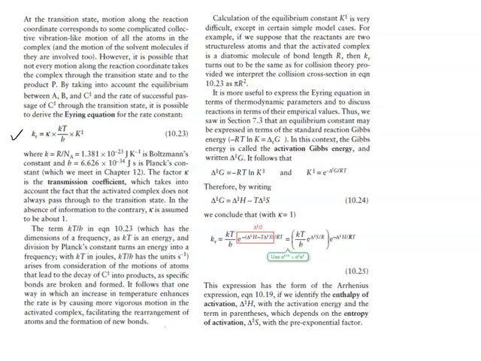It's more useful to express the Eyring equation in terms of thermodynamic parameters and to discuss reactions in terms of their empirical values. We saw in section 7.3 that an equilibrium constant may be expressed in terms of the standard reaction Gibbs energy, negative RT natural log K equals delta G. In this context, the Gibbs energy is called the activation Gibbs energy and written as delta G double dagger.